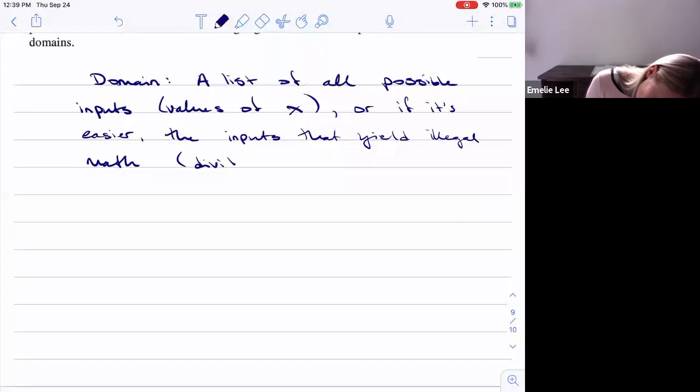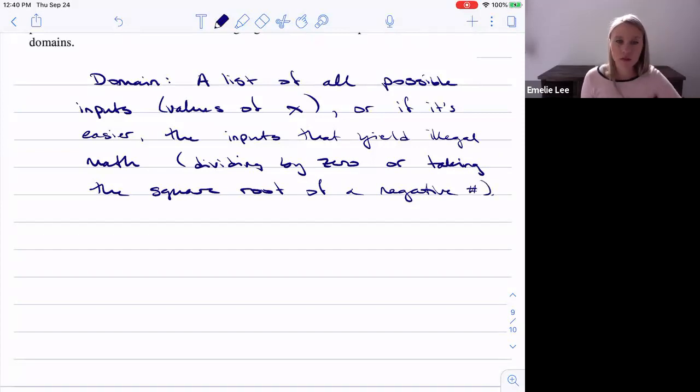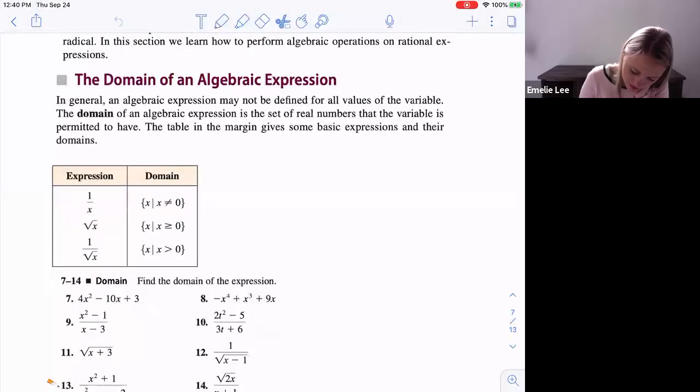So dividing by 0, or taking the square root of a negative number. We can summarize these things with this little box here.